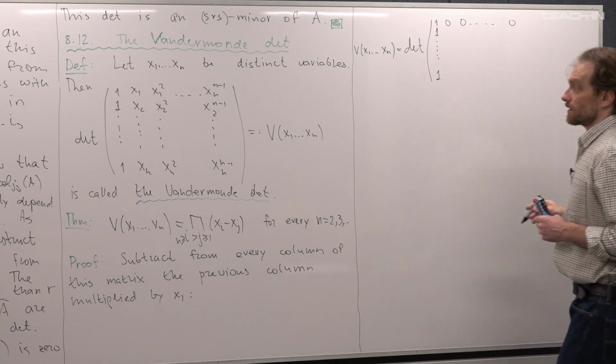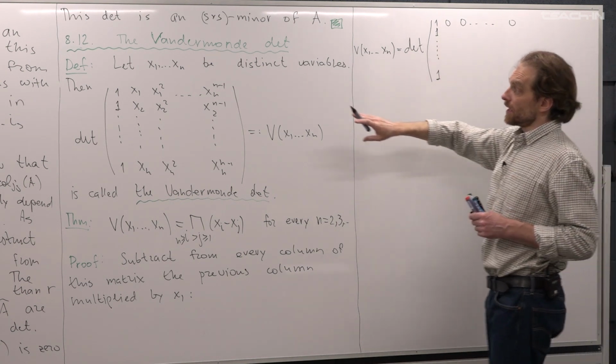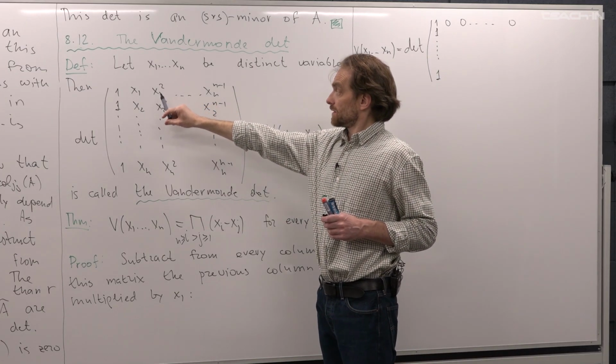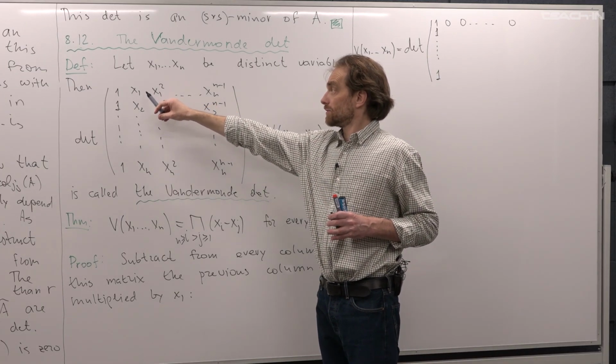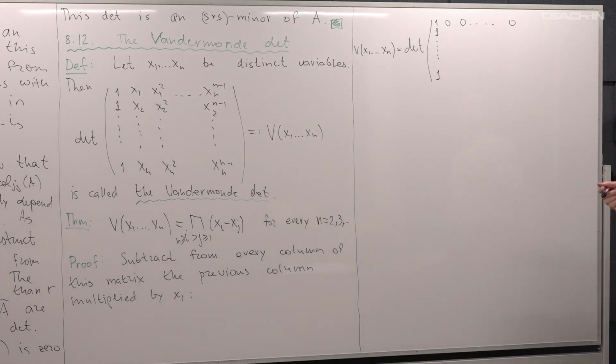So we have only zeros in all other elements in the first row, just because in every column we subtract x1 to the k from x1 to the k, when we do these elementary row operations.